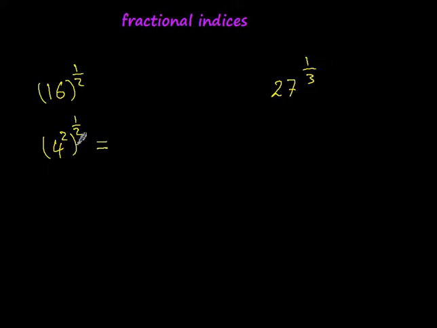And by using the power law of indices, we can simplify this expression. So it will be 4 to the power of 2 multiplied by 1 over 2, and 2 multiplied by 1 over 2 simply equals 1. So here it will be 4 to the power of 1, which means 4. So guys, I can understand that 16 to the power of 1 over 2 equals 4.